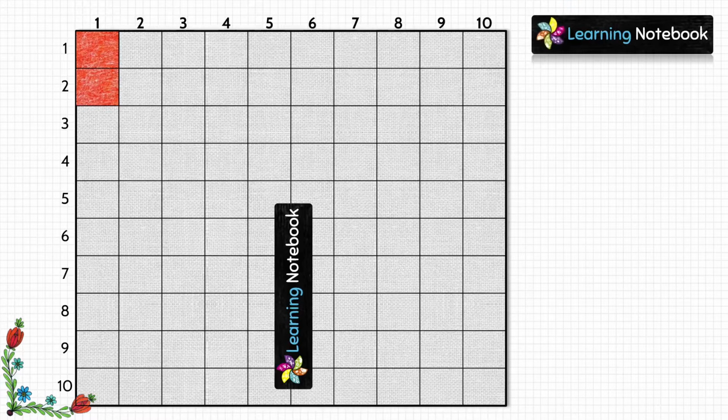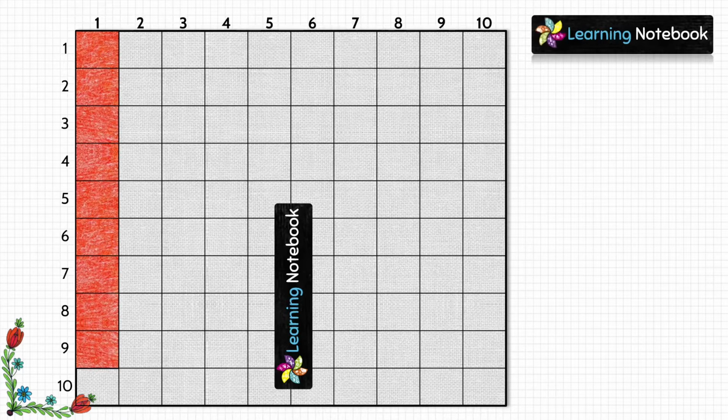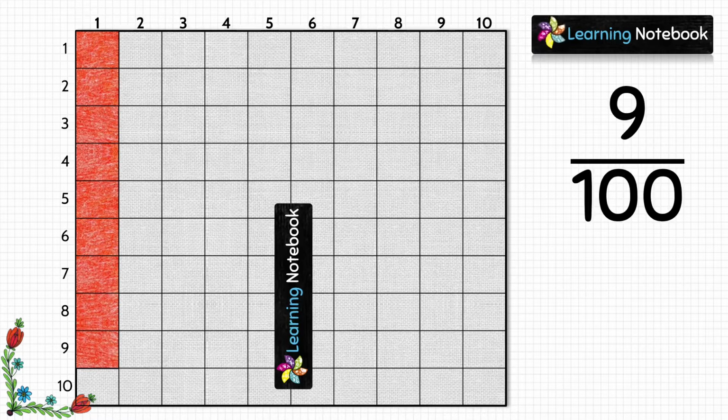Now, in the same way, if we color 9 parts, then can you tell me the fraction of this colored portion? Yes, it is 9/100. And its corresponding decimal number will be 0.09.